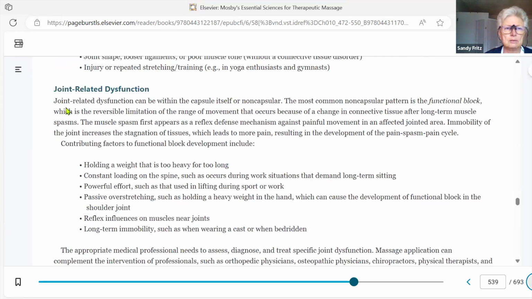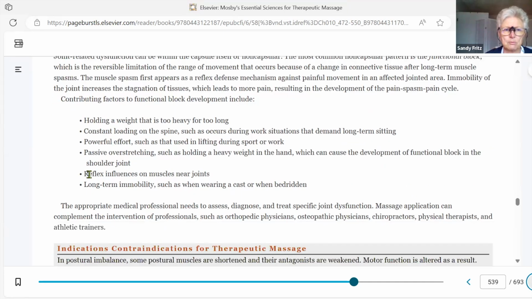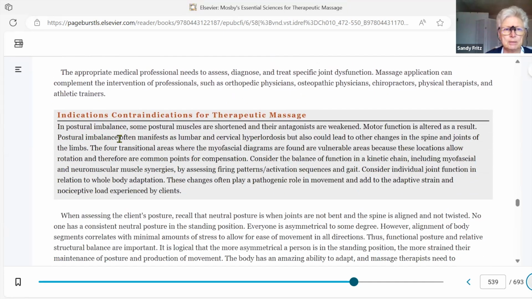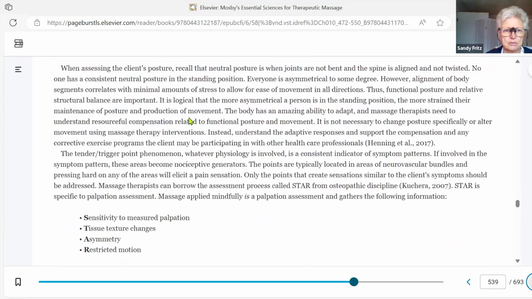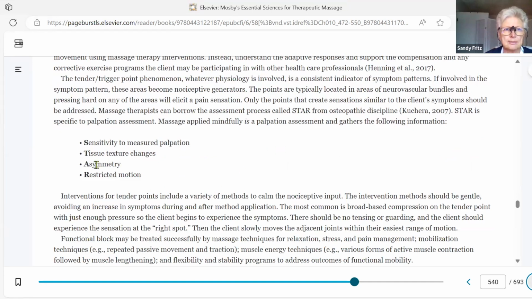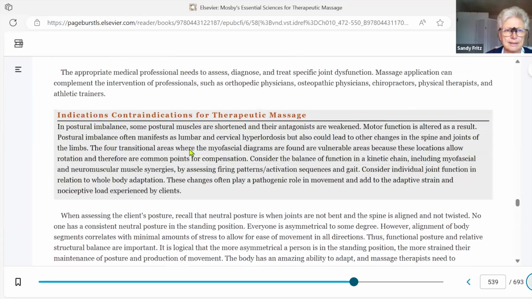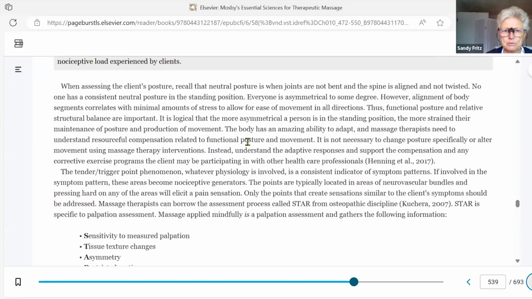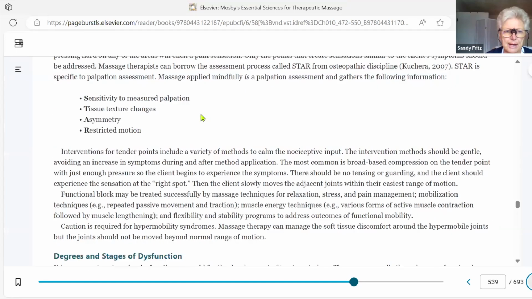So for the joint related dysfunction, this gives you guidance on what can set that up, and indications and contraindications. STAR is sensitivity to palpation, tissue texture, asymmetry, restricted movement. This is a classical approach to assessing an area.